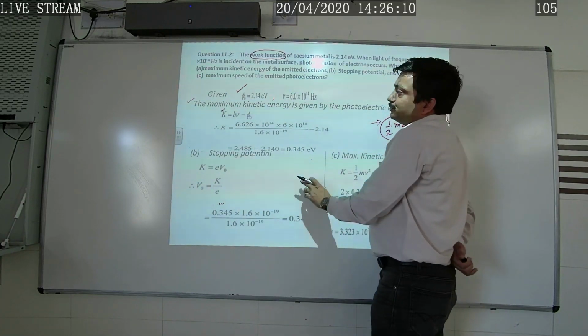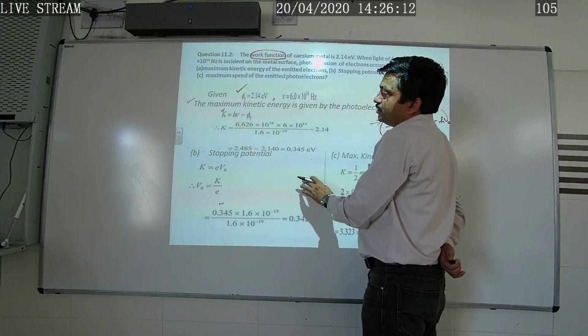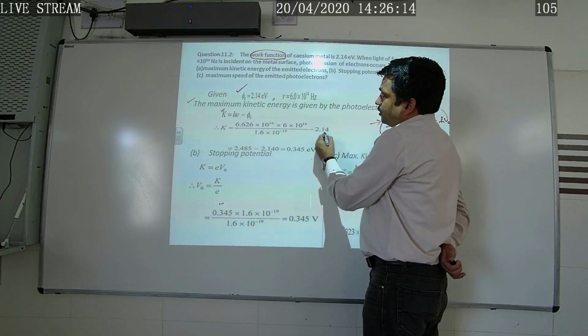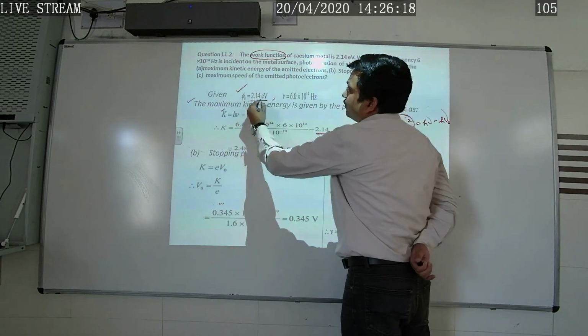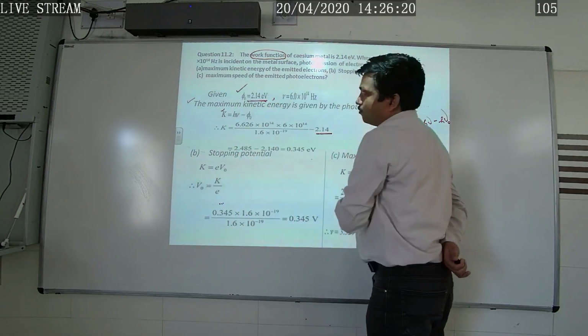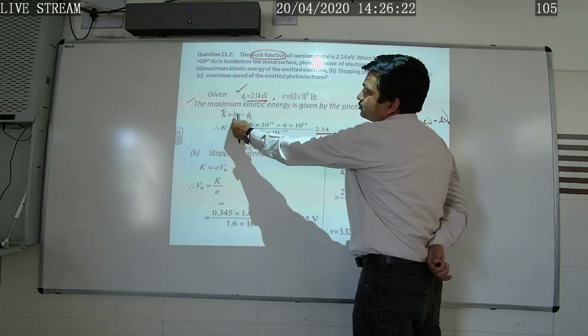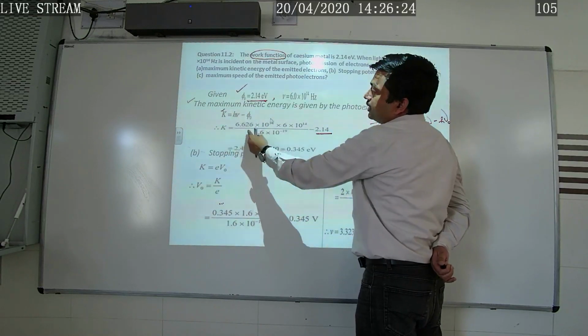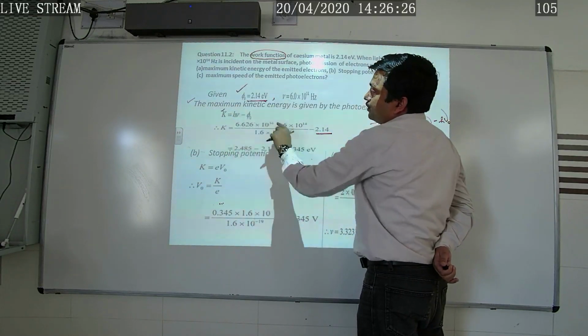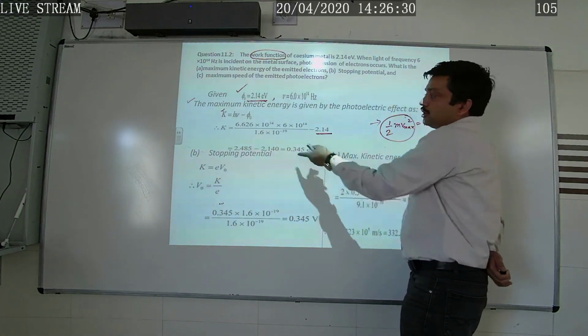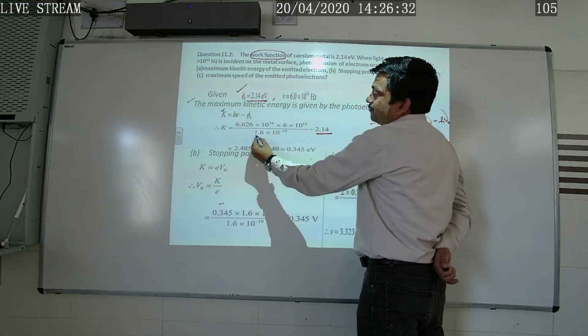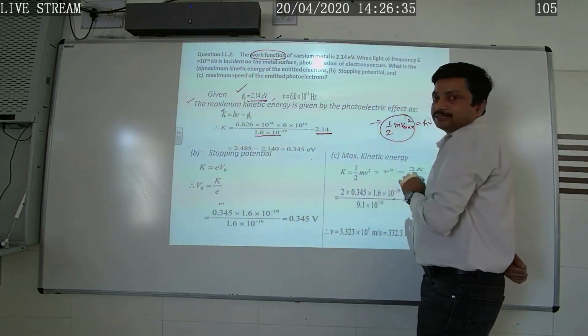Now, while substituting the value, one thing should be noted. If we are taking the 2.14, the value which is given in electron volt, we have to also write this h nu in terms of electron volt. And how can we write this h nu in electron volt? Simply by dividing by 1.6 into 10 to the power minus 19.